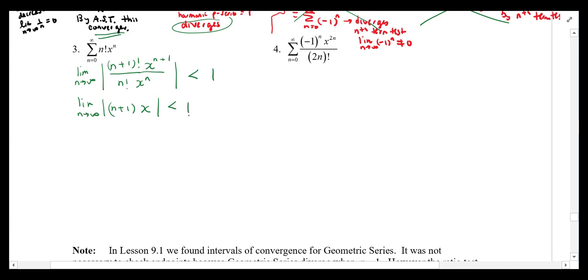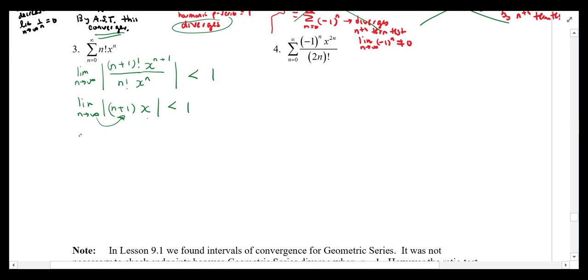Interesting here, though, is that as n goes to infinity, this whole thing goes to infinity. So what does that mean? Is there any value of x here which will make this less than 1?